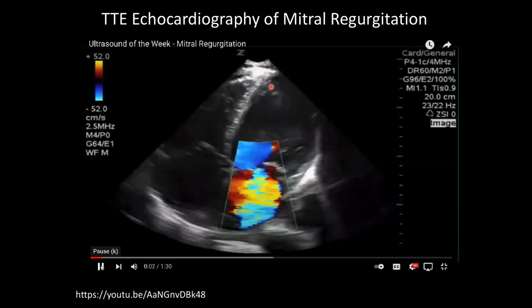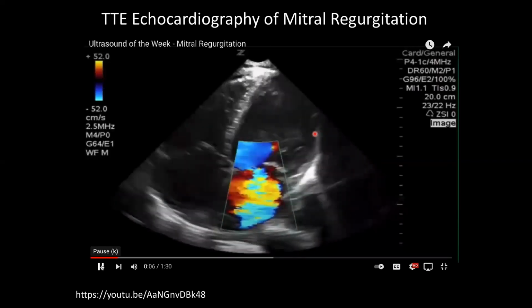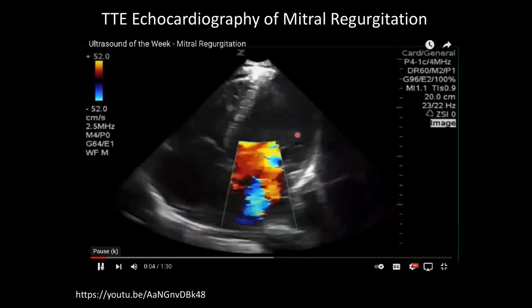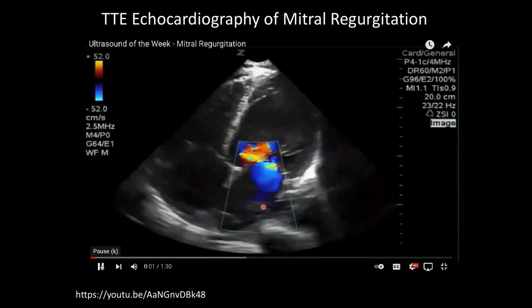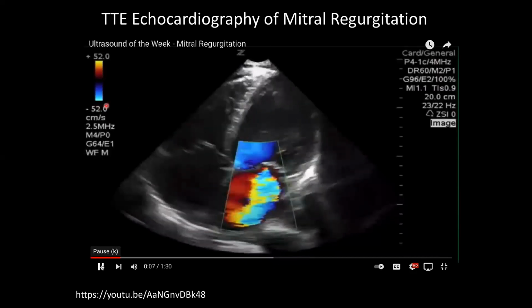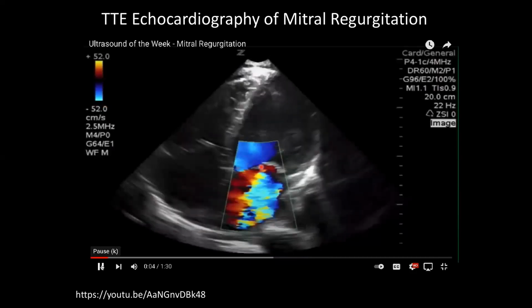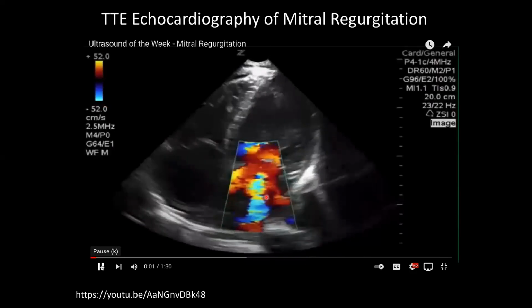Your brain just interpolates what's going on over here by all this stuff that's going on here, right? But they're probably not looking over there because they're mostly looking at this, and that this jet of blue and yellow means that the blood is moving away from the transducer. It's in the wrong direction, right? And so that tells you that there is a jet here. You can measure quantitatively what the peak velocity is of that jet.